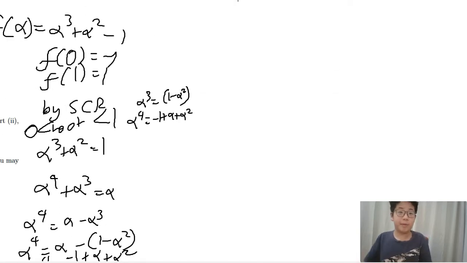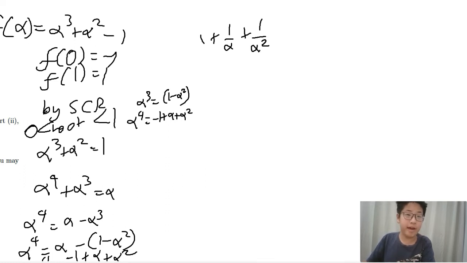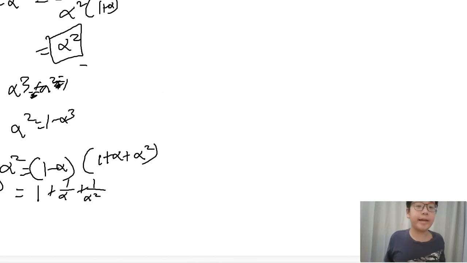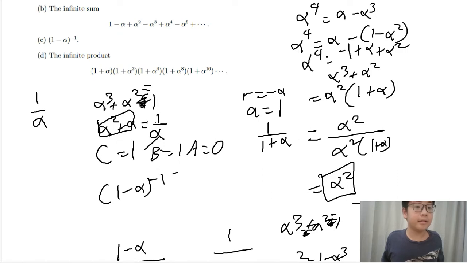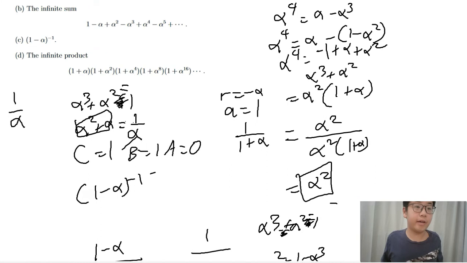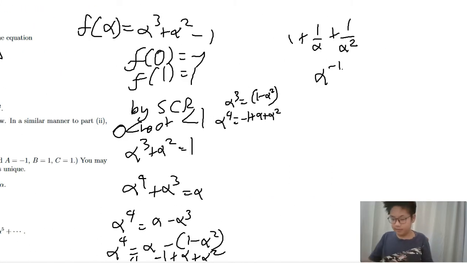Now, how do we expand 1 plus 1 over alpha plus 1 over alpha squared? As we can see, alpha to the minus 1, let's scroll again. It's alpha cubed plus alpha squared. Wait, it's alpha squared plus alpha.